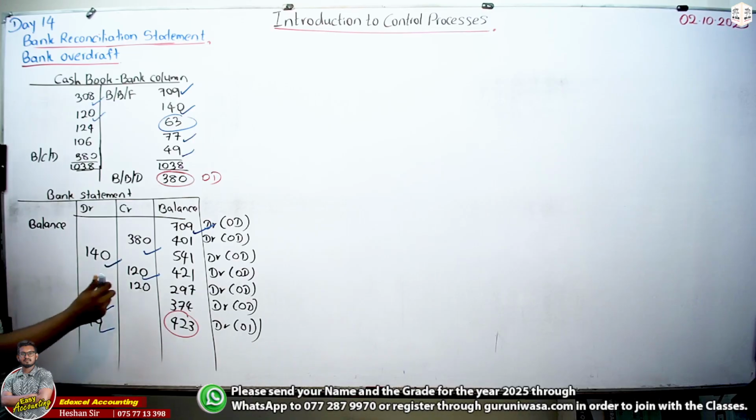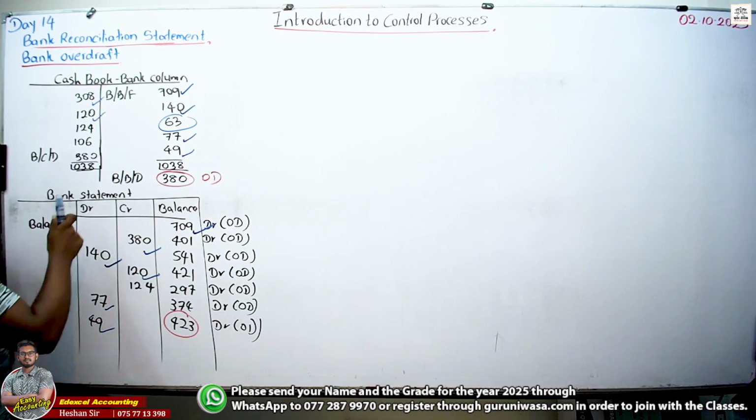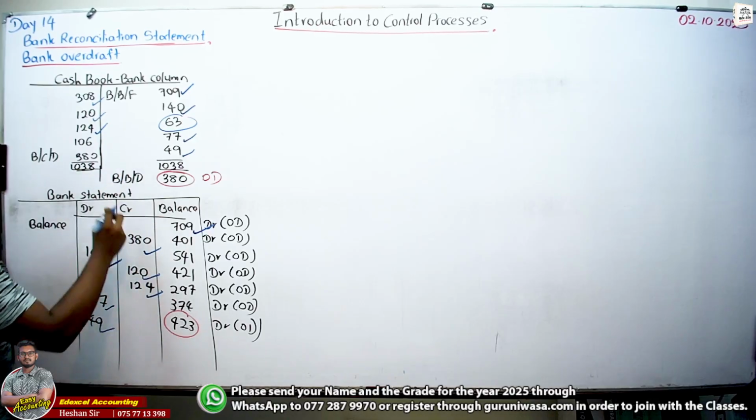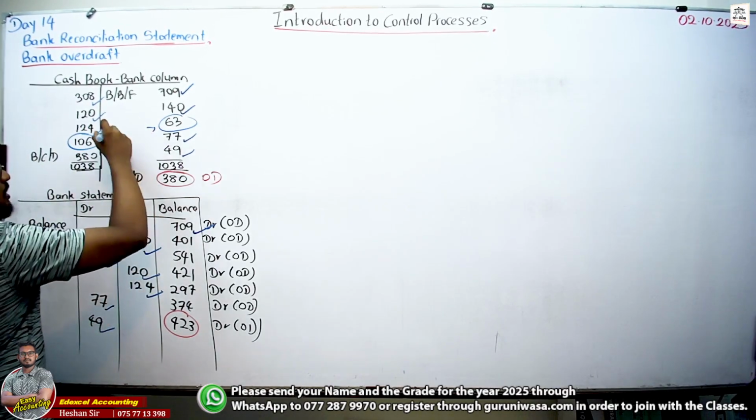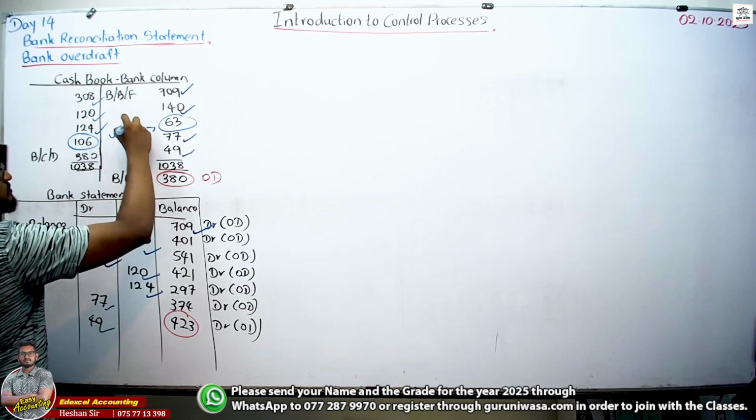So then 320, 124, 124, 106. You know, this one is, I told you, unpresented checks.